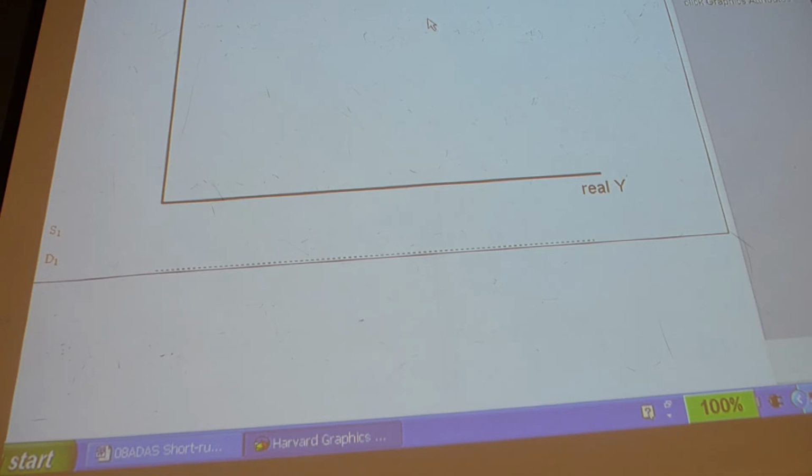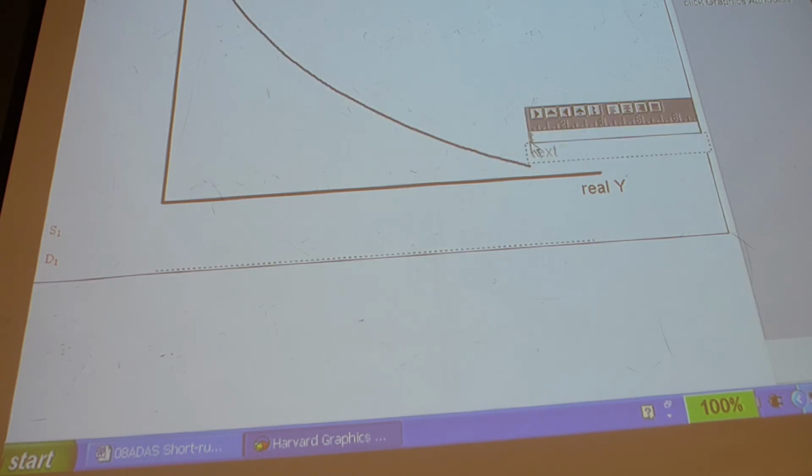Essentially, we'll get a typical demand function. It'll look like this. This is the way I might draw it. This is aggregate demand. As the price level falls, the quantity demanded increases.